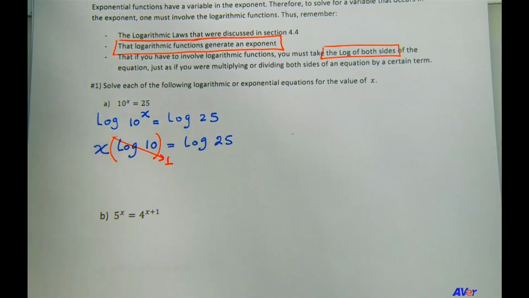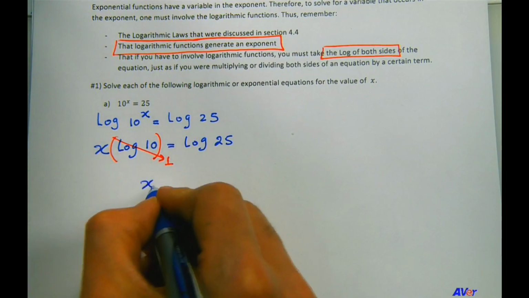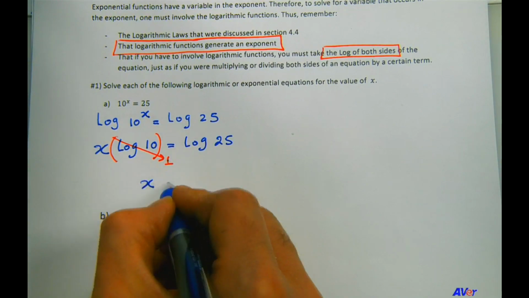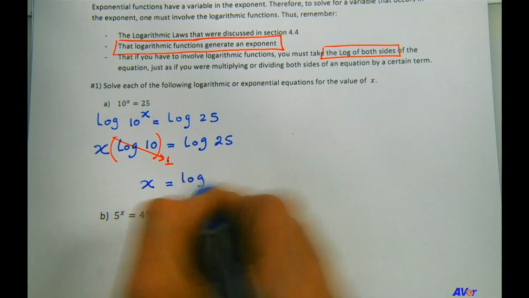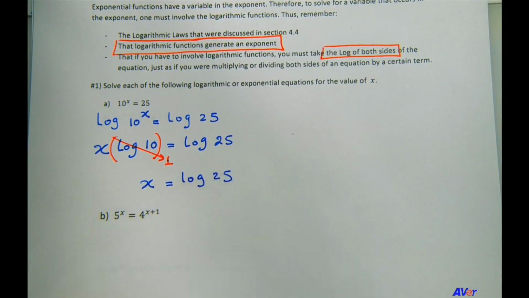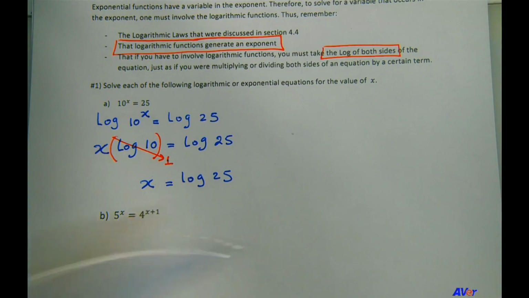So on the left, we have x times 1, which is x, equals log of 25. Now, if you're doing this on an exam, in class, on campus, and your instructor says you cannot use the calculator, that is the final answer.